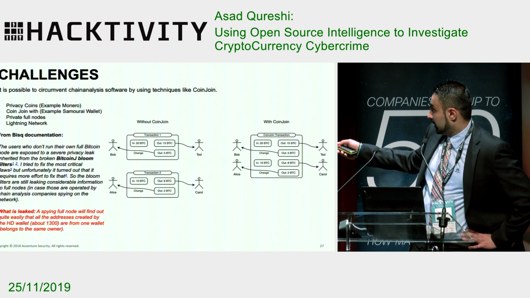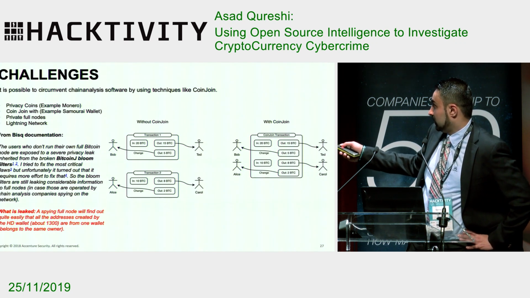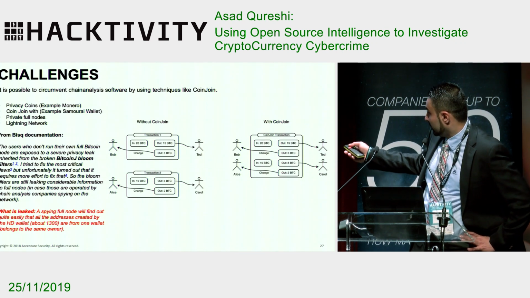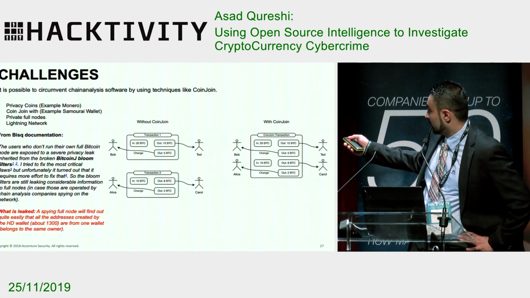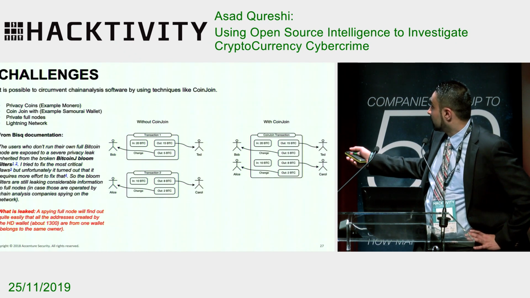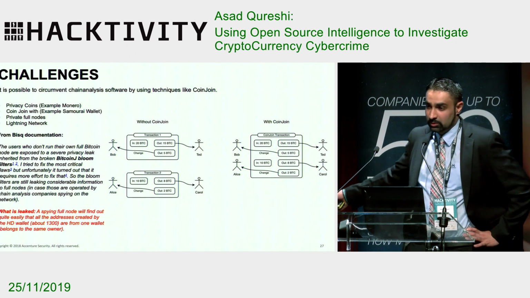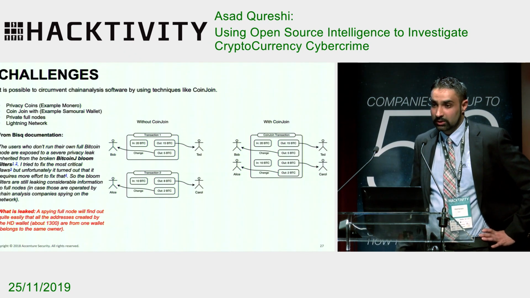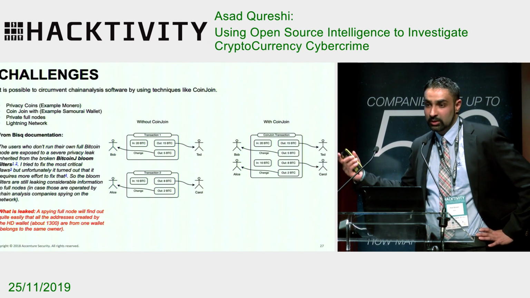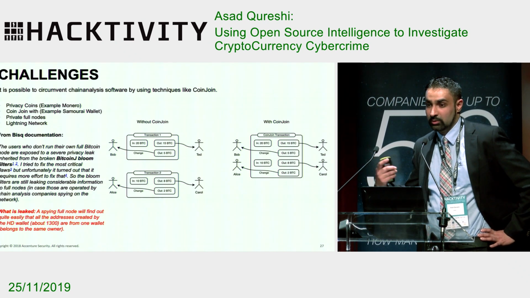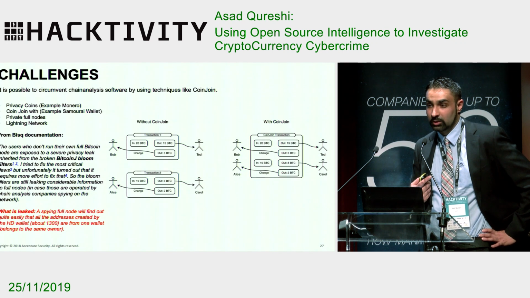Here we have an example of a transaction without CoinJoin, and here an example of a transaction with CoinJoin. CoinJoin basically mixes the transaction, so it breaks the links in the Bitcoin blockchain, and you cannot know exactly which path the transaction has taken.